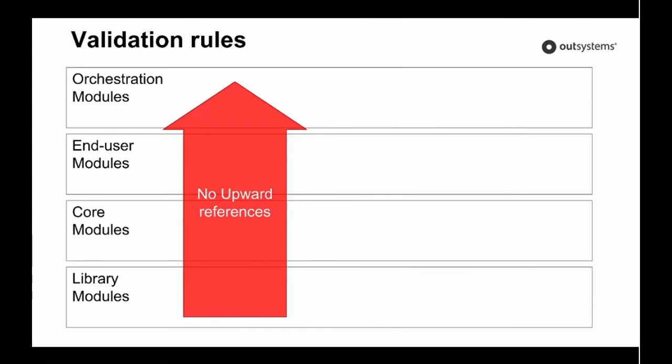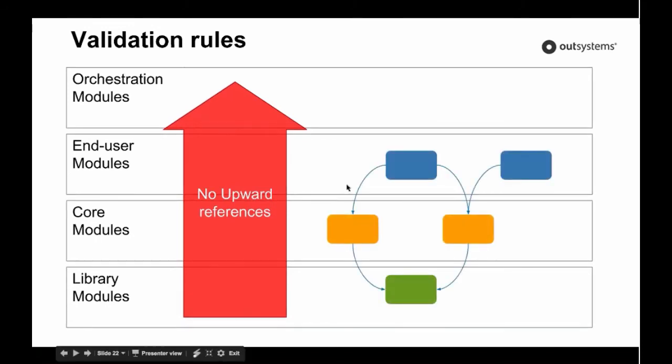But also technically, this has very significant importance on what you're building, to avoid spaghetti implementations and also to avoid complex deployments. Let me show you what happens if I do an upward reference. So let's start with a few modules.